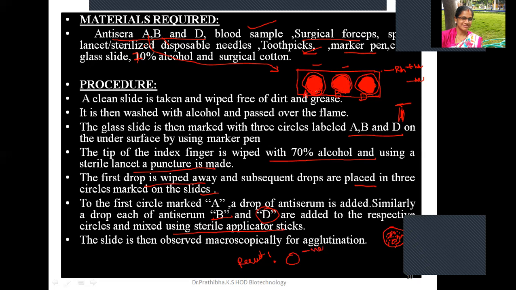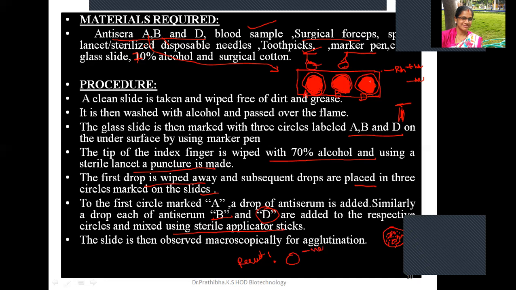For example, here in this A blood group test, on the cell surface of the RBCs there is no A antigen. When there is no A antigen and you treat with the Y-shaped antibody, there is no agglutination. Whereas here also, on this RBC cell surface, there is no B antigen. When you treat with B antisera, there won't be any agglutination.